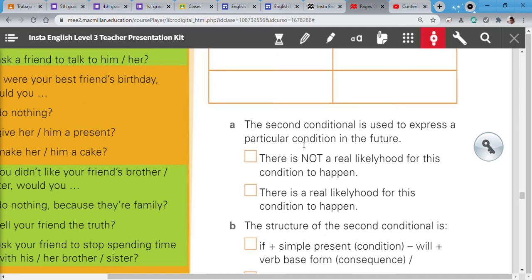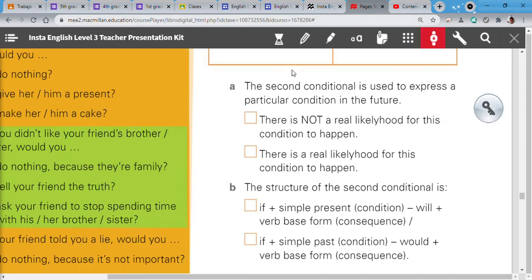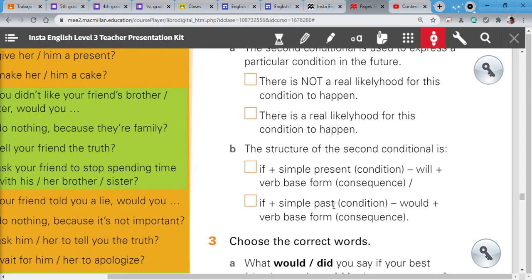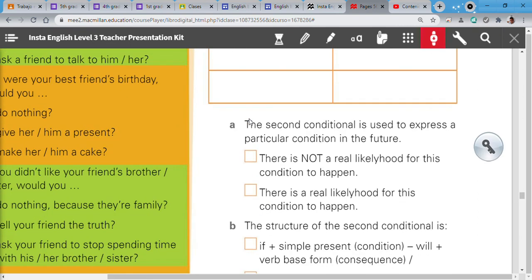Letter B. The structure of the second conditional is: remember, we use a simple present? No. We use a simple past condition, and would plus the verb in the base form. Okay?